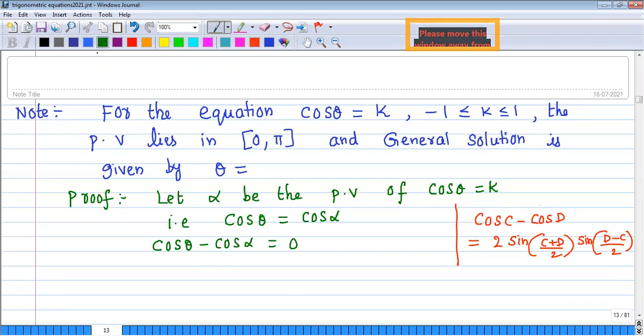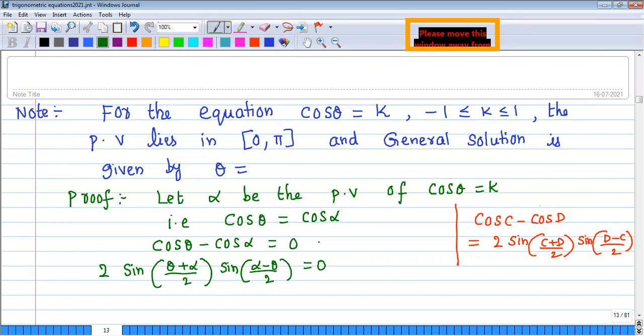So this can be written like this: 2 sin of (theta plus alpha) by 2 into sin of (alpha minus theta) by 2 is equal to 0.